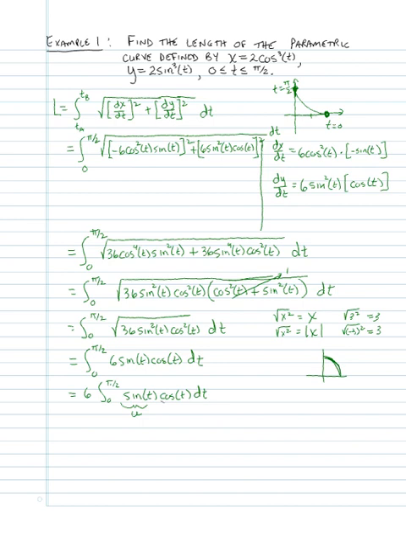So this is nothing more than du. Well, the integral of u du is just u squared, isn't it? Actually, the integral of u with respect to u is not u squared, it's 1/2 u squared, isn't it? So we have 6 times 1/2 sine squared t. And we're evaluating that from 0 to pi over 2.